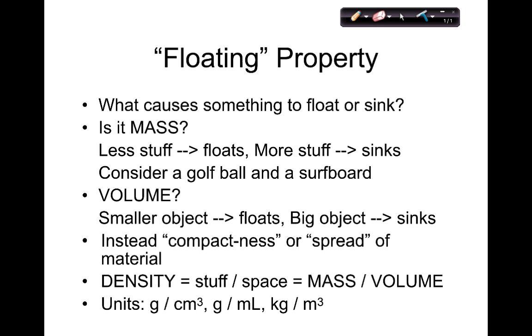So any mass per volume unit would be a density unit. For instance, grams per centimeter cubed, grams per milliliter. So milliliter is a liquid volume, but that would be density. Or kilograms per meter cube. These are all examples of density standard references.